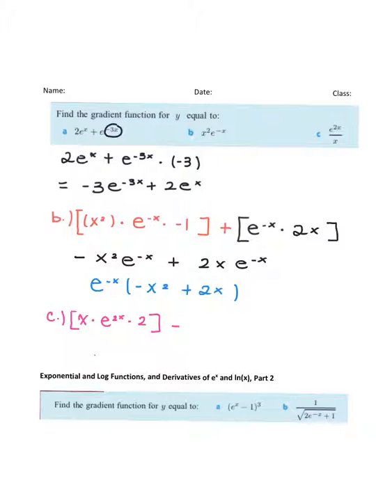What's that going to be? e to the 2x, high d low, times 1, right? All over low low, which is x squared. All right. Are we okay? Did I do something wrong?